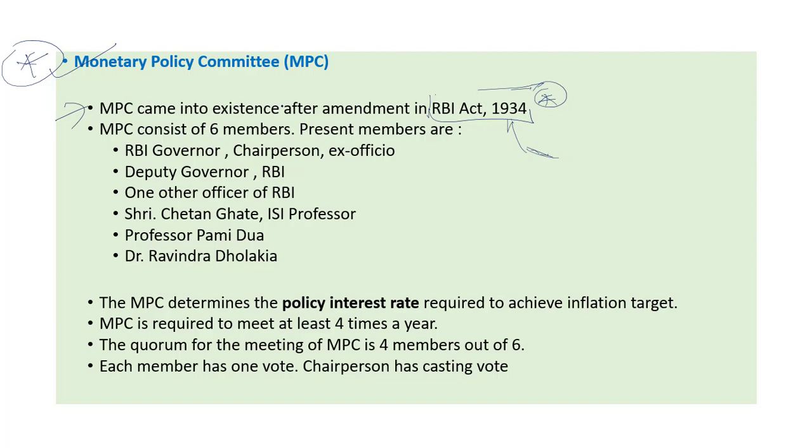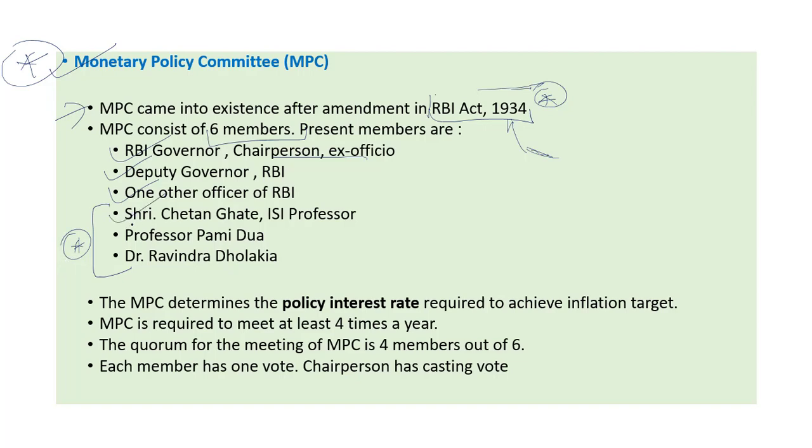First of all, the number of members of the Monetary Policy Committee is 6. The RBI governor is the chairperson. The present RBI governor is Mr. Shaktikanta Das. Then one deputy governor, one other officer of RBI, normally of the rank of executive director. Then 3 members are outside members, from the field of finance and economics and related fields, right?